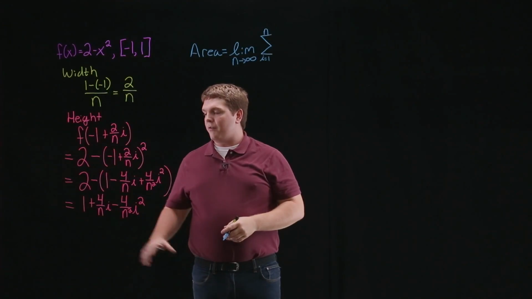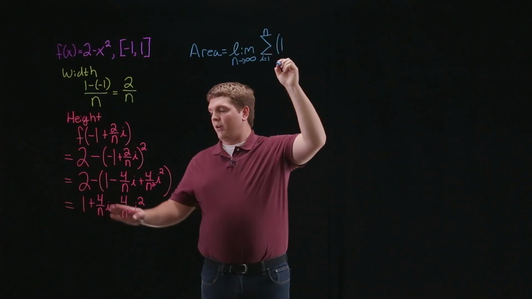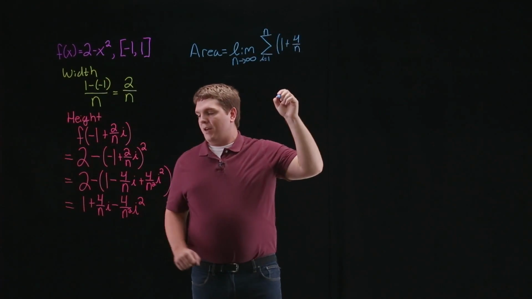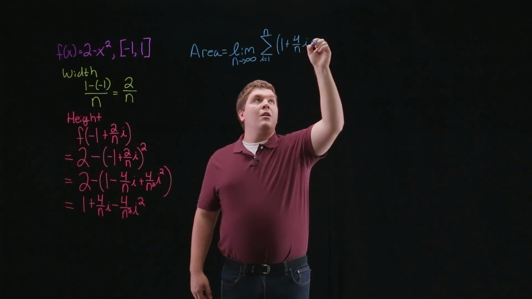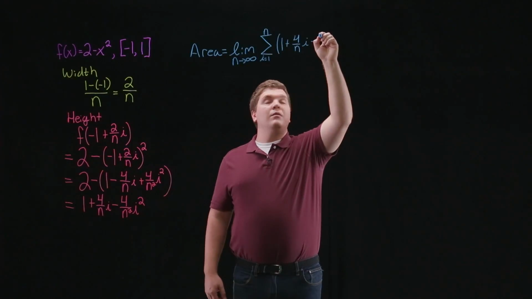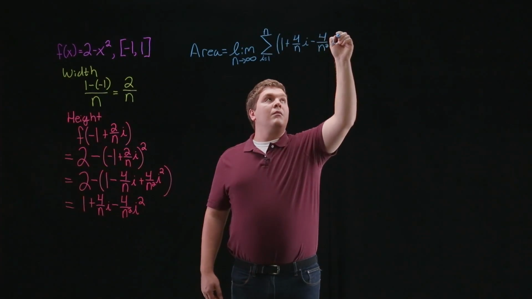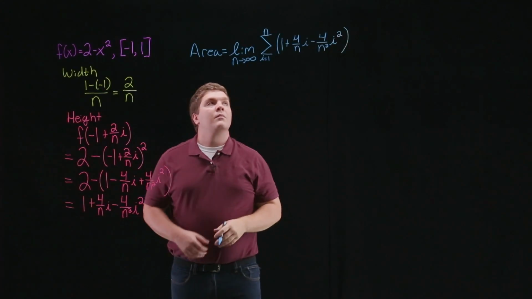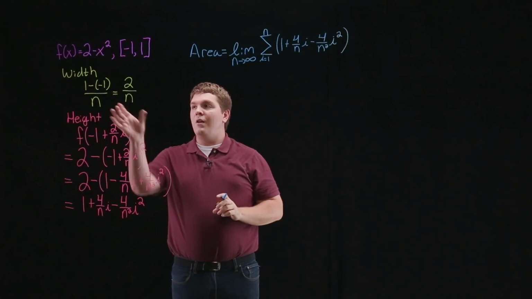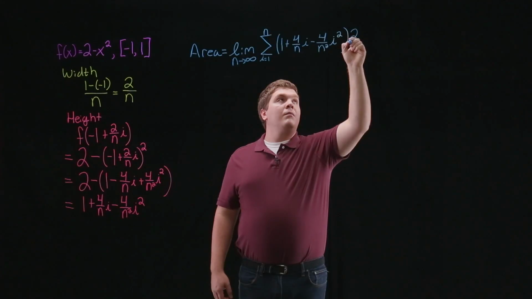Now, the heights of all of our rectangles were given to us down here: 1 plus 4 divided by n times i, minus 4 divided by n squared times i squared. And now we'll want to multiply the heights of each of our rectangles by the width of our rectangles, which is just 2 divided by n.